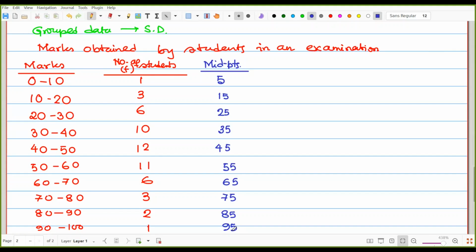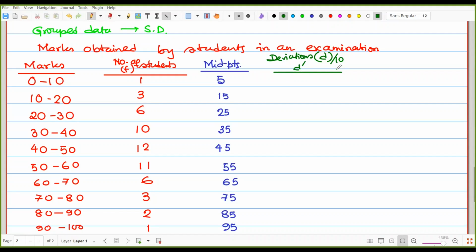Next one, we have to find out the deviations, and deviations in that way. Deviations, and that is D divided by 10. That means we are finding the D dash.